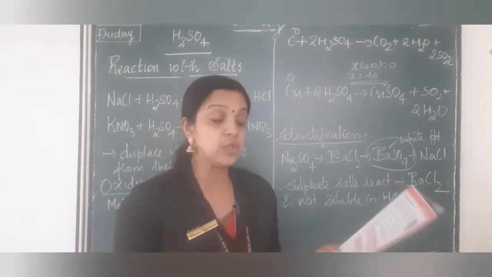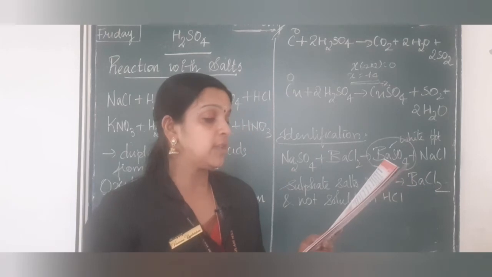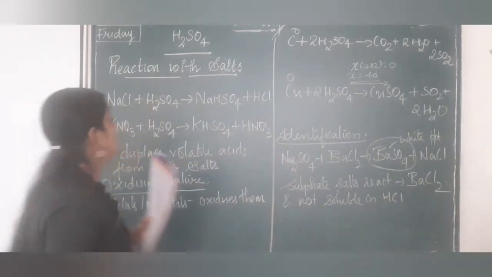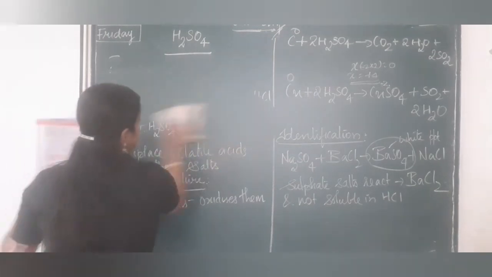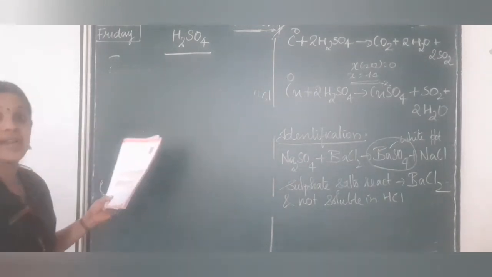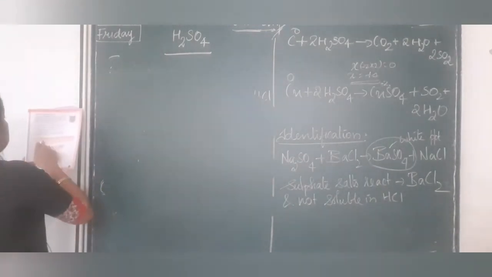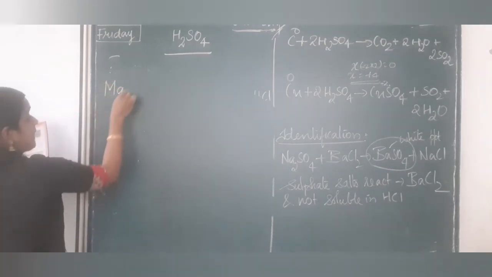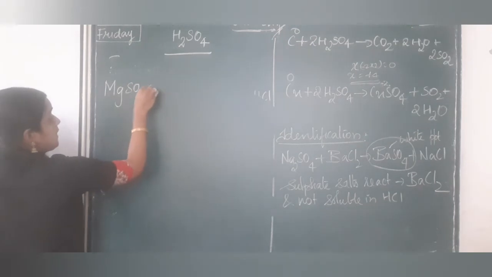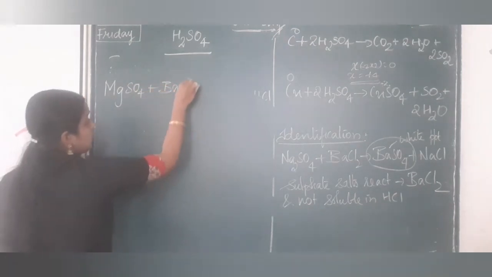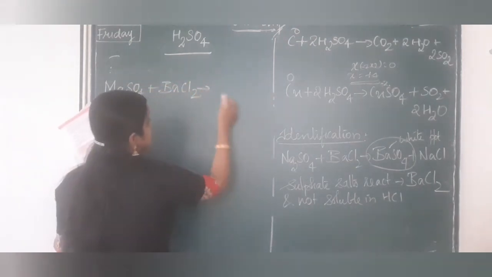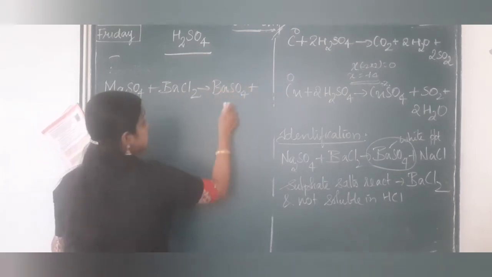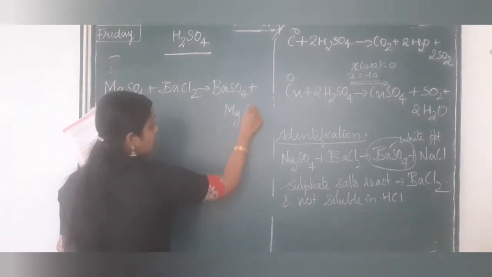Now they have given two reactions to you with magnesium sulfate and zinc sulfate. Let us now try to do that reaction here on the board. You can write the reaction along with me. When magnesium sulfate is added to barium chloride, what you get is barium sulfate plus magnesium chloride.